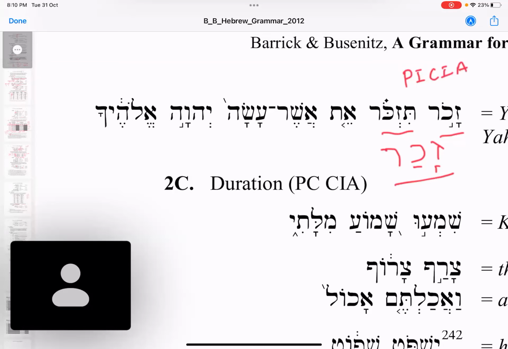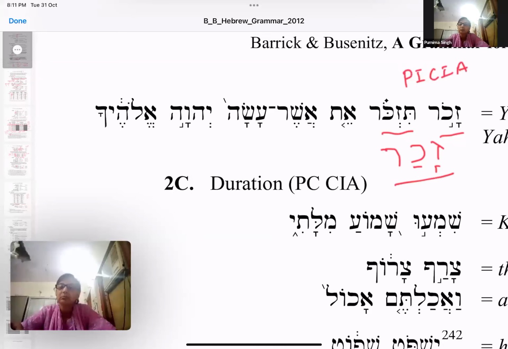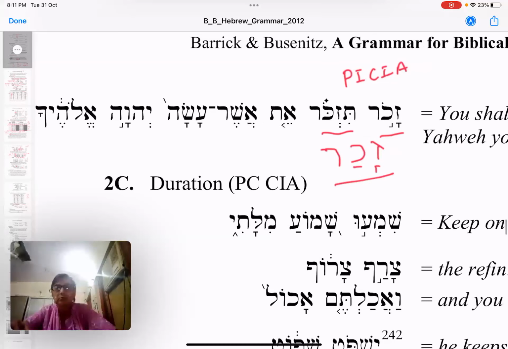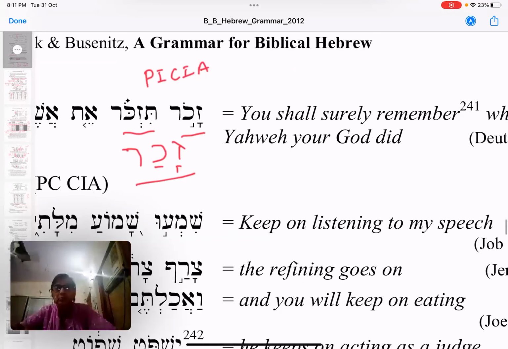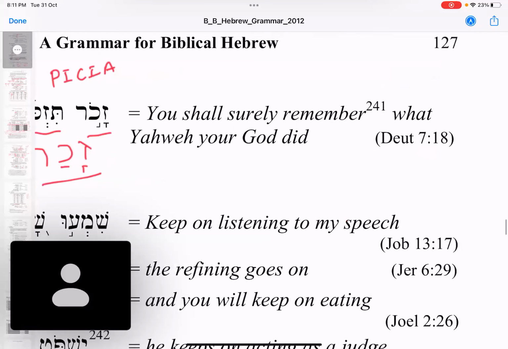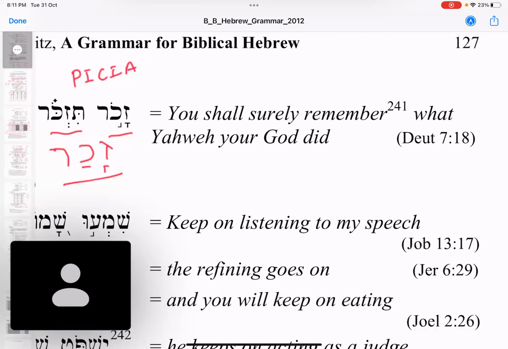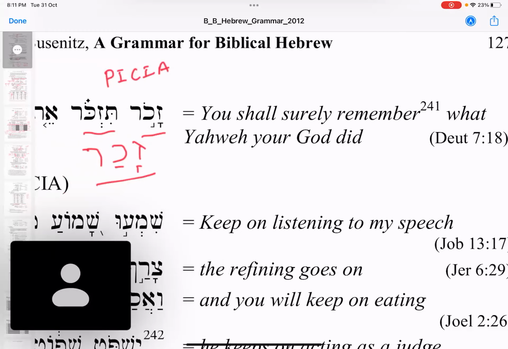You shall surely remember all that Yahweh Elohim has done. Or you shall surely remember what Yahweh your God did. Asa means to make or to do. You shall surely remember.